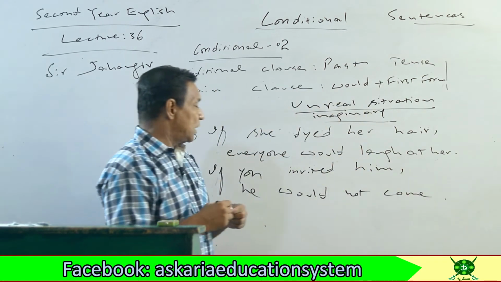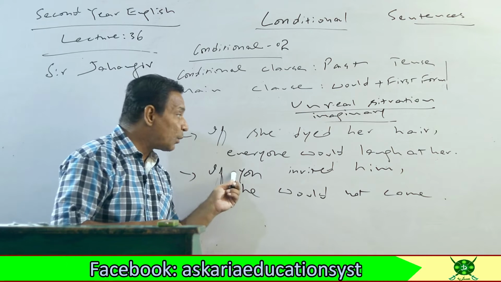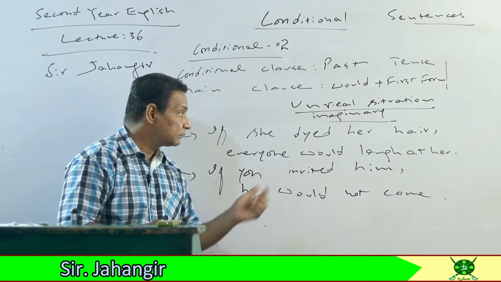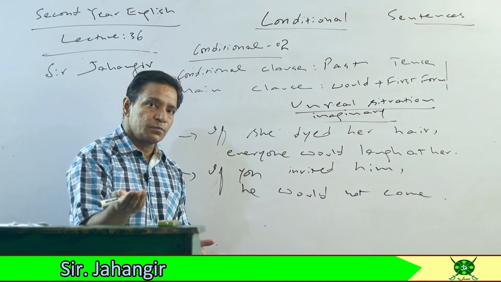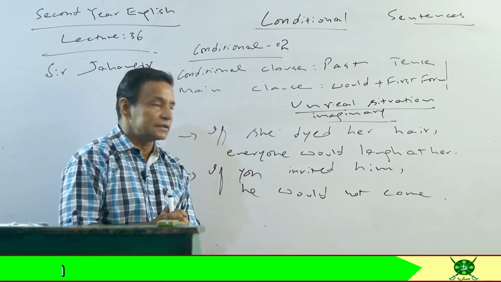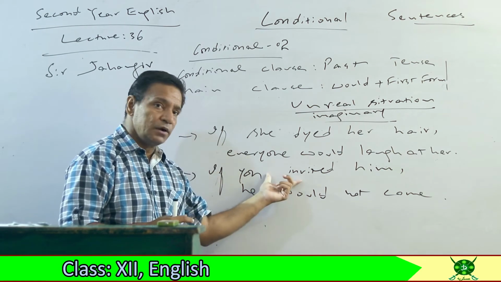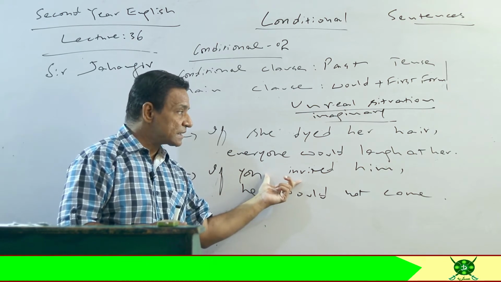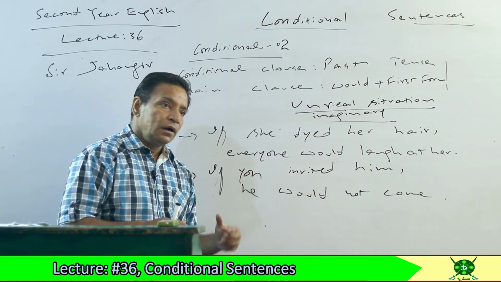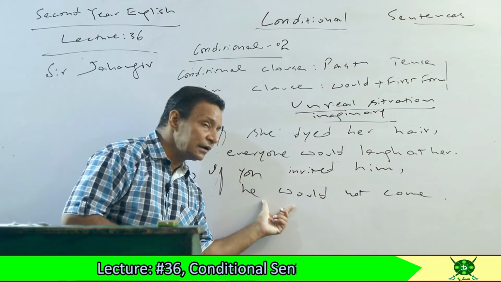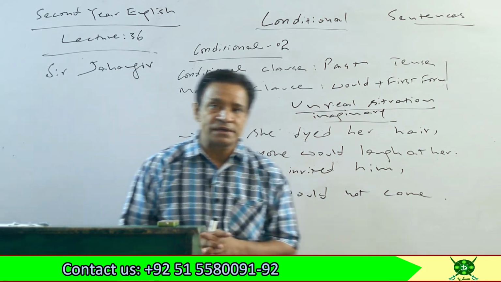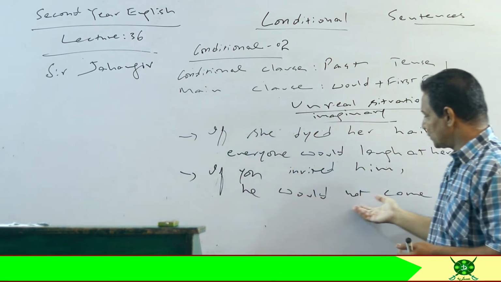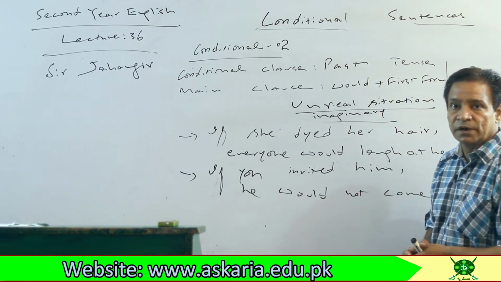Okay. So now, if you invited him, he would not come. So what we are also having a doubt about is whether you are going to invite him or not. It's not a certain thing. We are doubtful about you inviting that person, and not only doubtful about this, we are also doubtful about whether, if you invite him, he would not come, right?